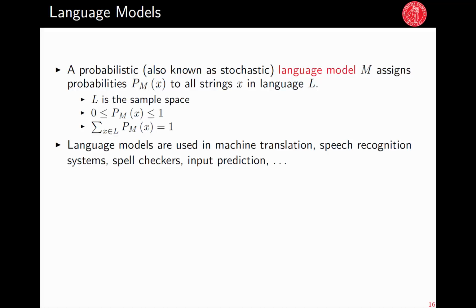The probability is going to be a true probability between 1 and 0, and the sum of probabilities over all possible strings is going to add to 1. These are just the axioms of basic probability theory.